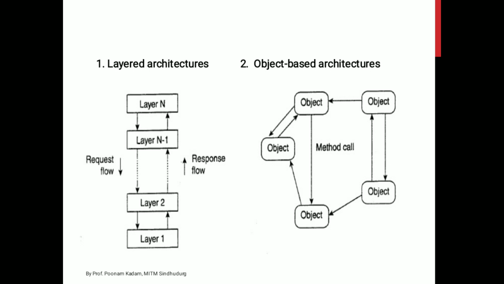The second style is the object based architecture. You can see the figure, which describes how components are arranged. In essence, each object corresponds to what we have defined as a component, and these components are connected through the remote procedure call mechanism.